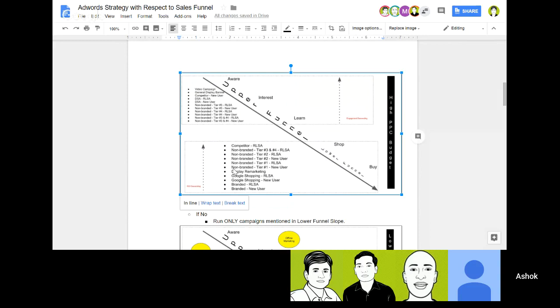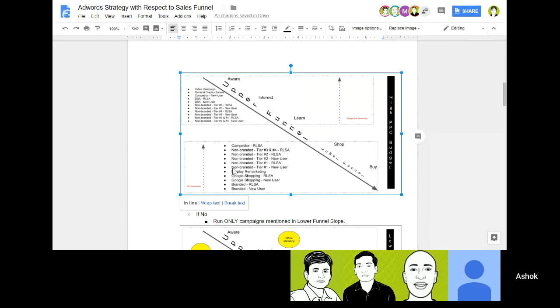Now this is where things start getting a little complicated. Here we are starting to target non-branded keywords. So tier 1, as we discussed yesterday, is buy stage keywords.